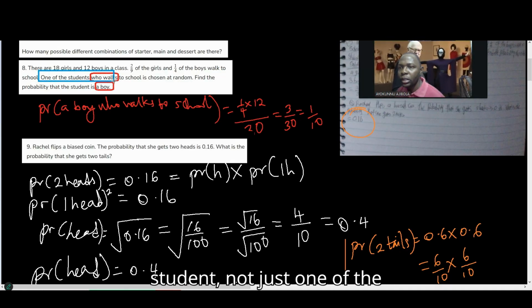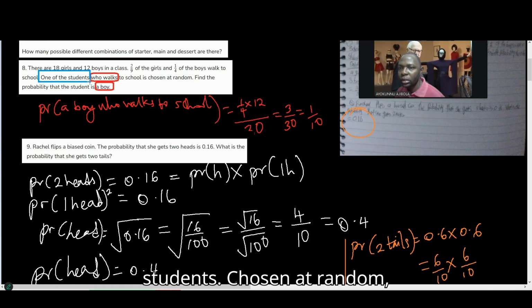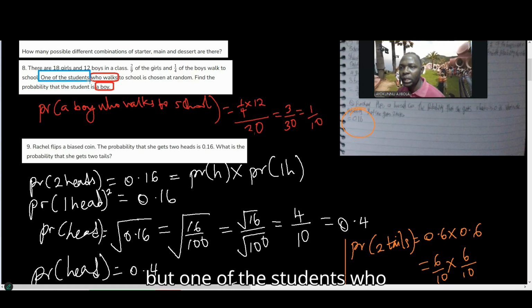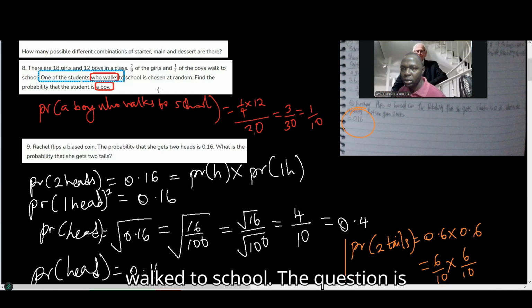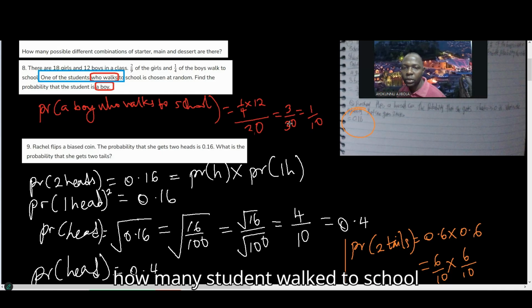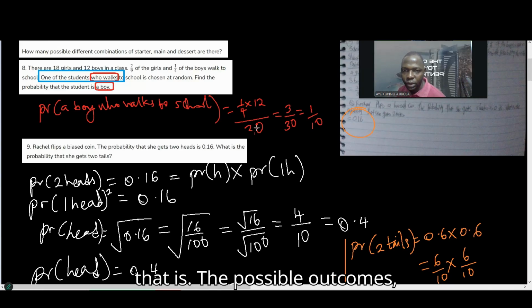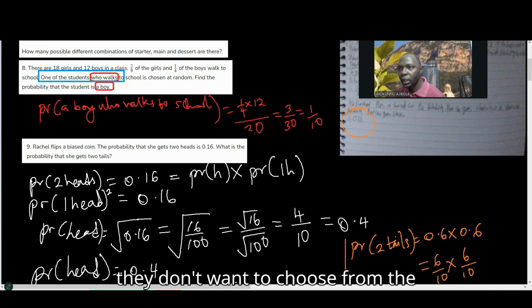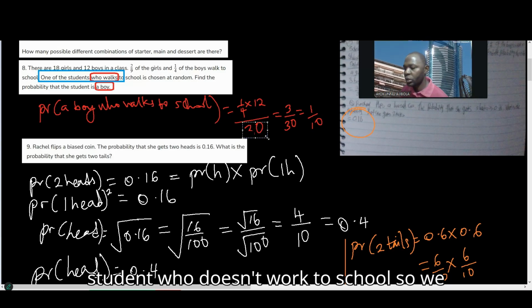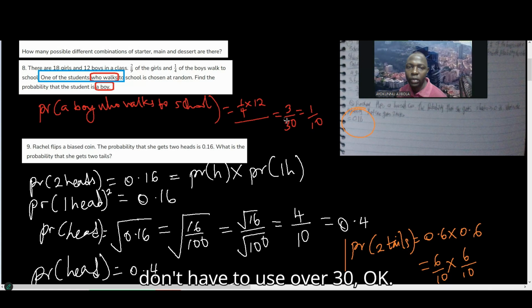It's not just one of the students chosen at random, but one of the students who walk to school. The question is how many students walk to school? That is the possible outcomes. They don't want to choose from the students who don't walk to school. So we don't have to use over 30.